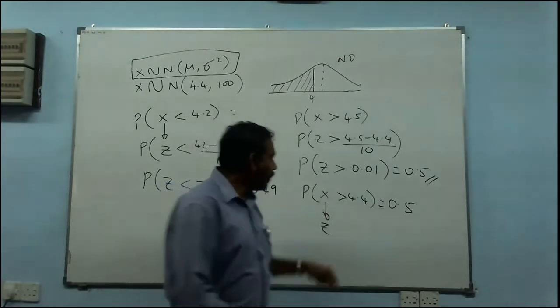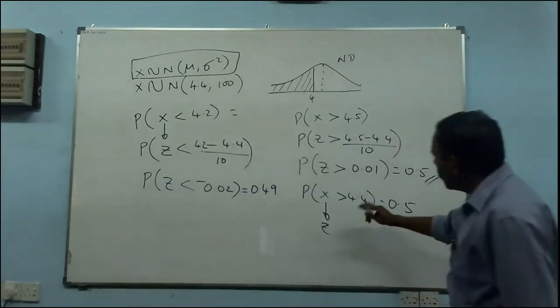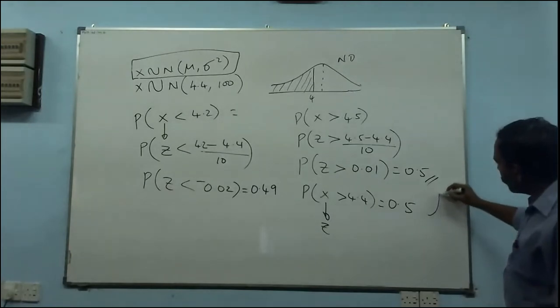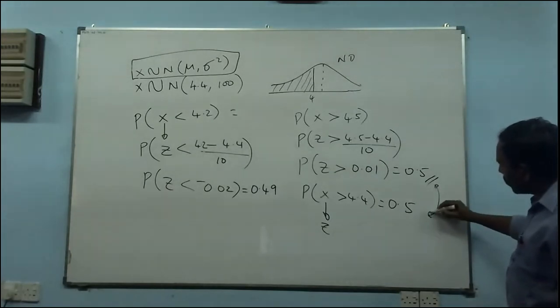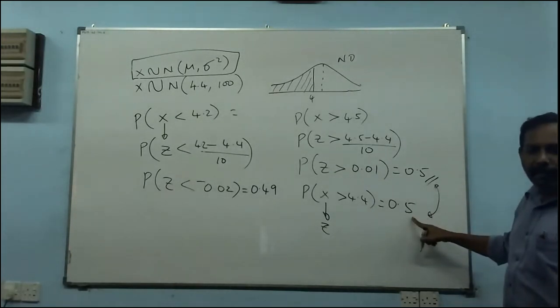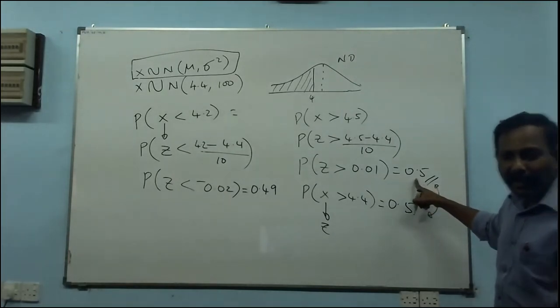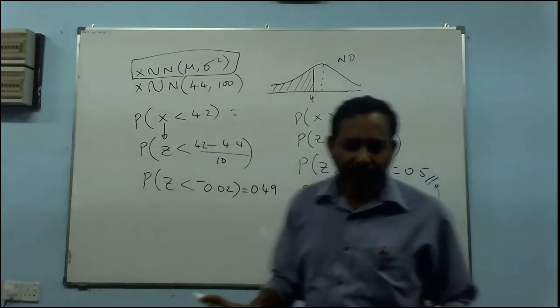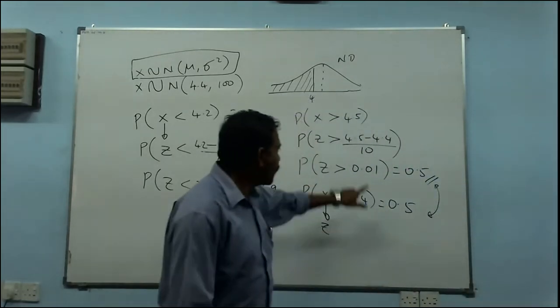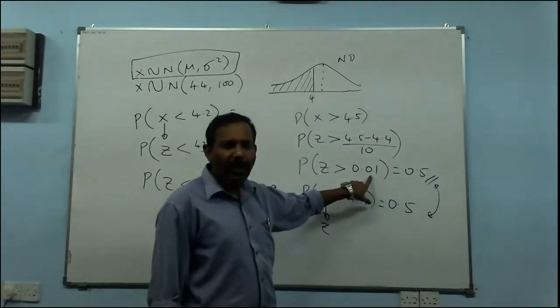So you see why I am pointing out, looking at the probability of these two. Because here also we say 0.5 or 50% farmers, here also we say 50% farmers. So it is not logical, even though this value is very small.